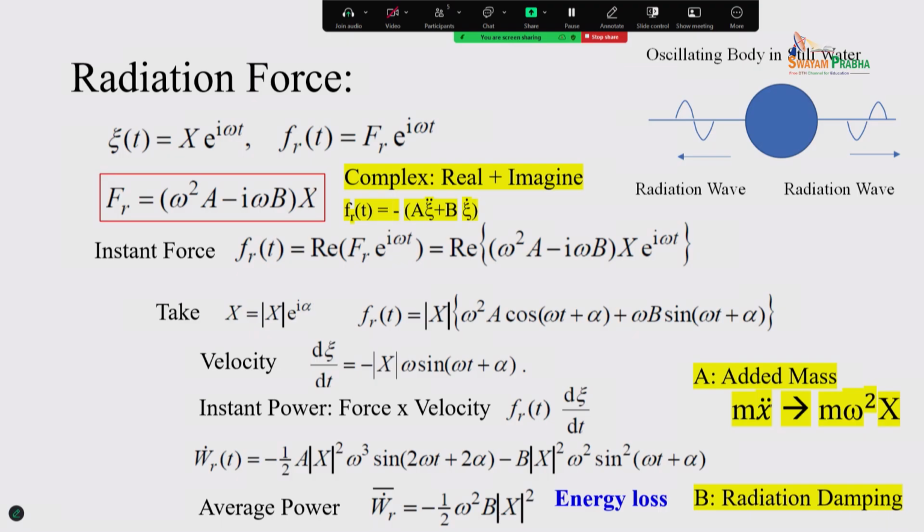I say the water, I didn't say the wave, because now it's still water, right? You generate wave. Okay, so I have one question here. We say the energy loss. Is radiation damping really damping or not?